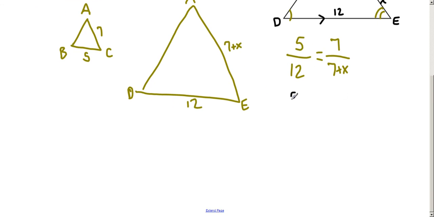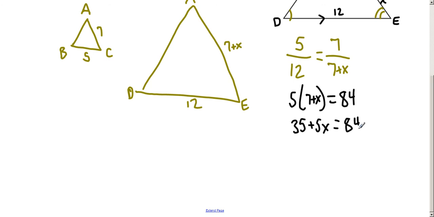Cross multiply, we get 5 times (7 plus X) in parentheses, and 7 times 12, which is 84. Okay, I want to distribute my 5, so we get 35 plus 5X. Okay, subtract 35 from both sides.